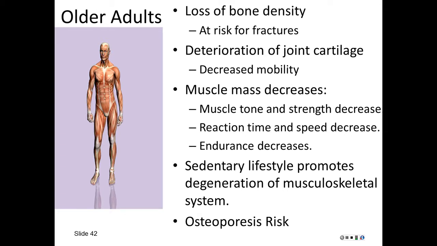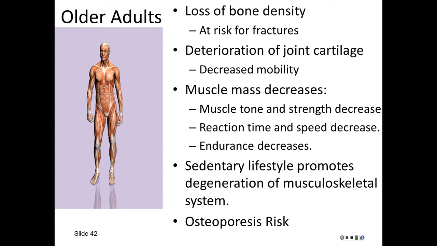Okay, back to older adults. I chased a rabbit. But back to older adults, deterioration of joint cartilages, so that causes a decreased mobility. There's muscle mass decreases, and that causes muscle tone and strength decrease, reaction time and speed will decrease, and endurance will decrease.